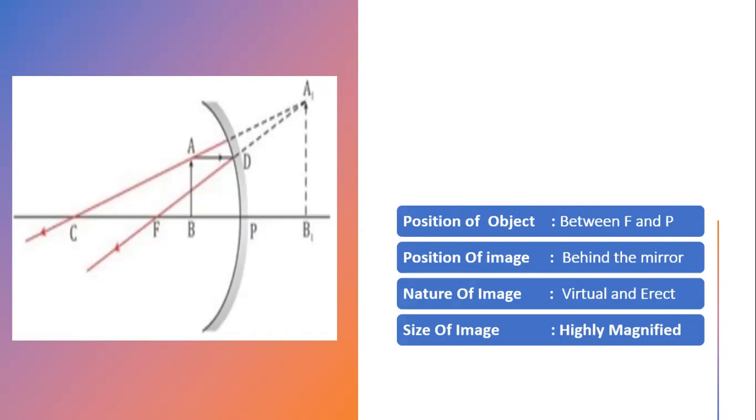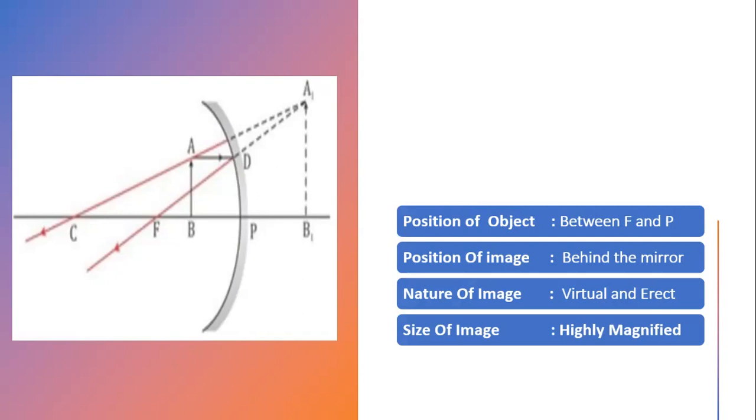But further, both the rays are not meeting. The light rays will be meeting behind the mirror, means they appear to meet. Actually the reflected light rays are not meeting. Behind the mirror they appear to meet. Because of that reason, we will get the image behind the mirror.